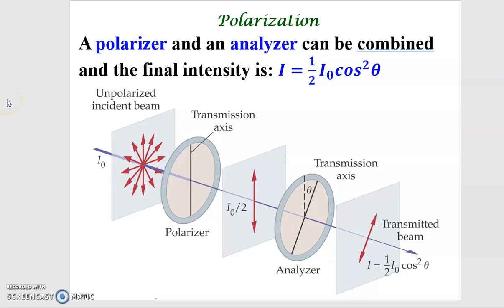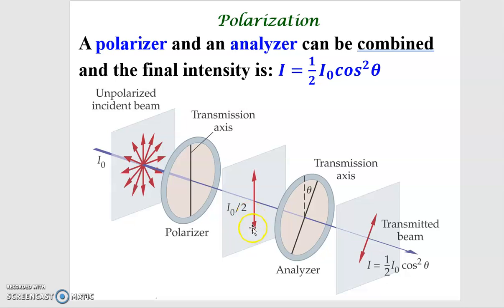Now, if you put two polarizers, the first one is called the polarizer, and the second one is still a polarizer, but people give it a different name. It is called the analyzer. So they are all intrinsically just polarizers. Now, if you originally have an unpolarized beam with intensity I0, after passing through the first polarizer it becomes half of the original intensity, as this is the result we just learned.